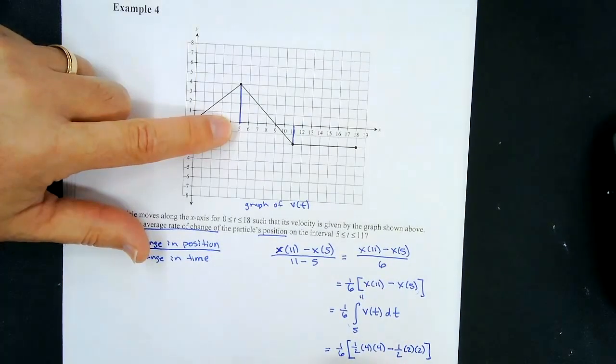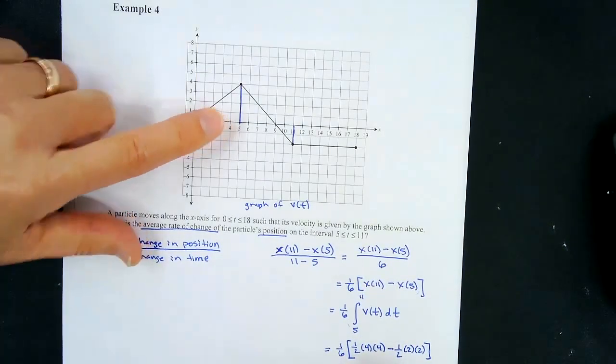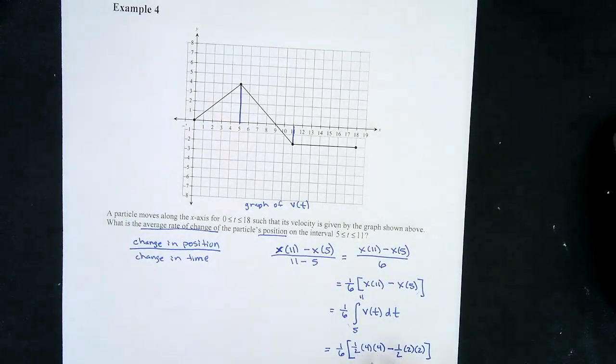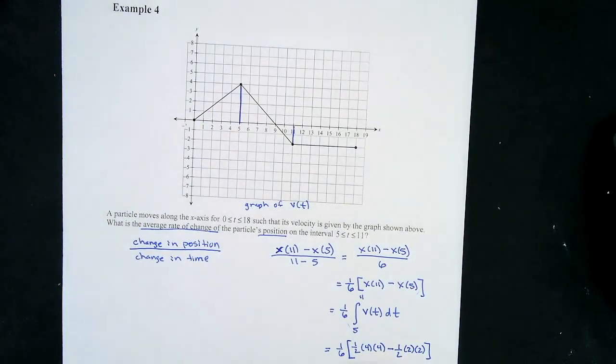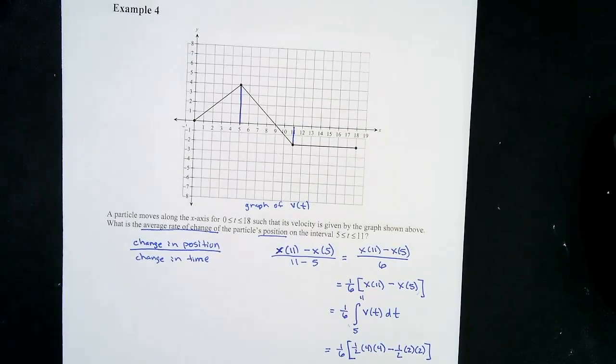So this becomes 1/6 times 1/2 of 16, which is 8, minus 1/2 of 4, which is 2. That would be 1/6 times 6, and that would just give us 1.